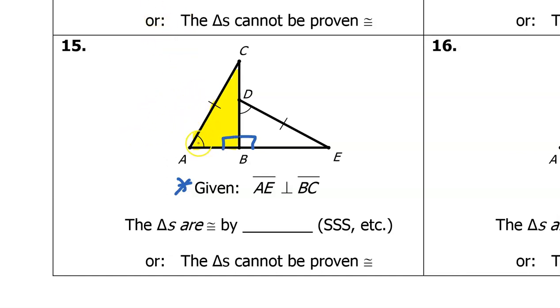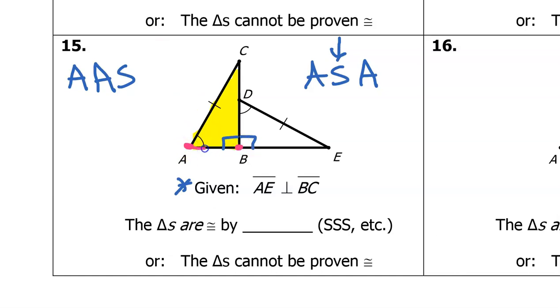So I see that we have two angles and a side. So this is either going to be angle, angle, side, or it will be angle, side, angle. It all depends on whether or not the side is between the two angles. So here's one angle that's marked. Here's the other angle that's marked.